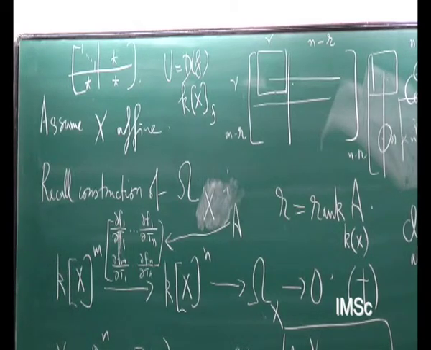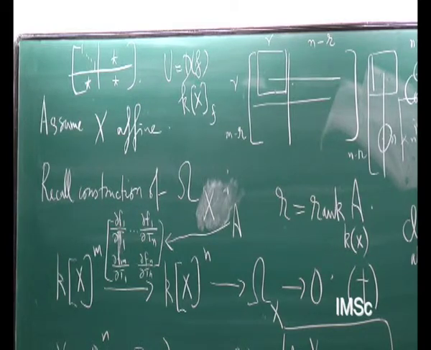I don't care about the other things, but in the first R by R block I've got an identity matrix. Now, I do column operations.